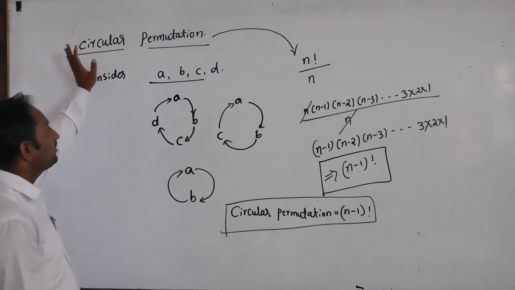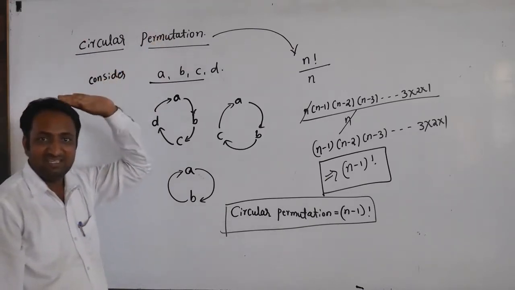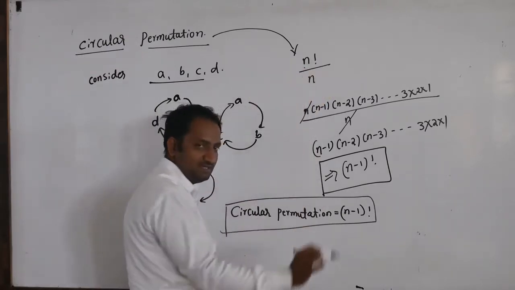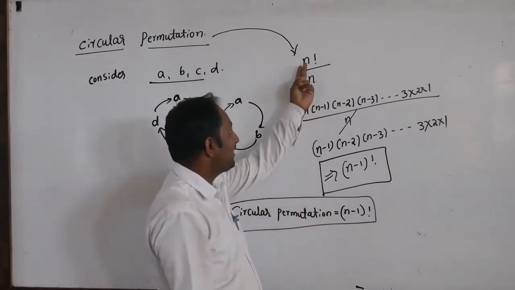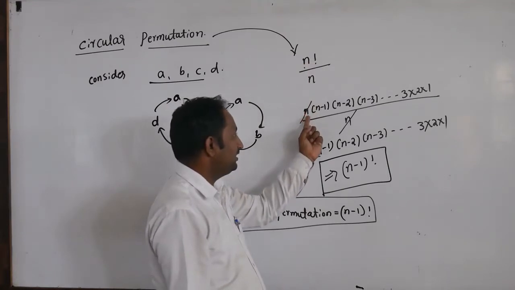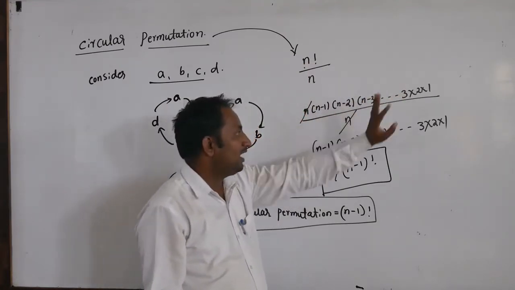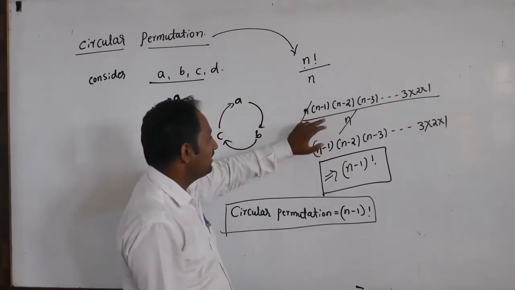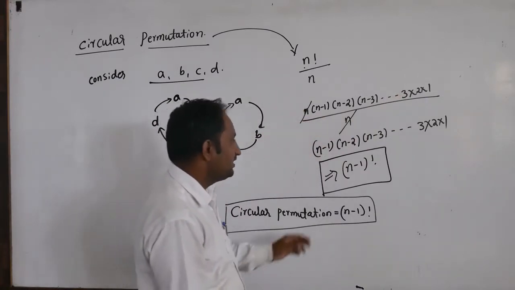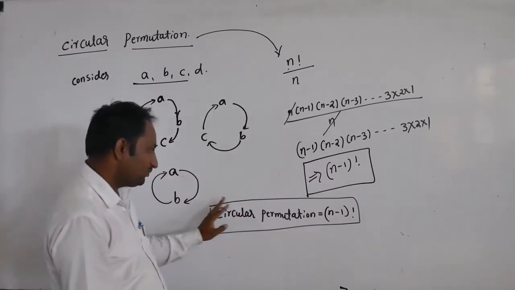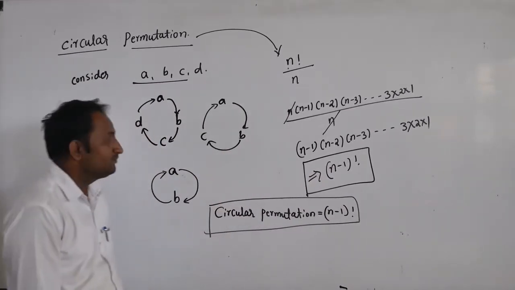Circular permutation can be expressed as n factorial divided by n. Here n factorial extends into n times (n minus 1), (n minus 2), and so on up to 3, 2 and 1. Divided by n, the n gets cancelled, giving (n minus 1) factorial as the circular permutation value.